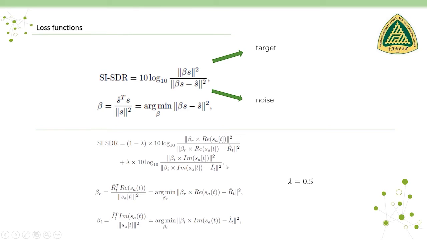And we use lambda to deal with this problem. The lambda is 0.5. This is the change of the loss function from the previous work.